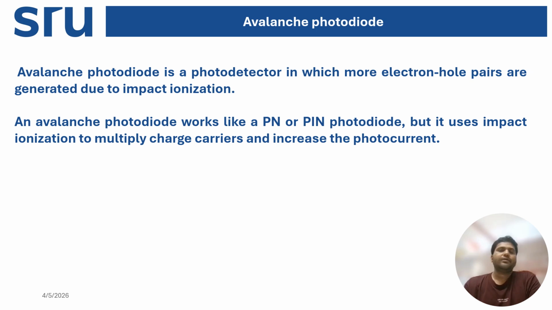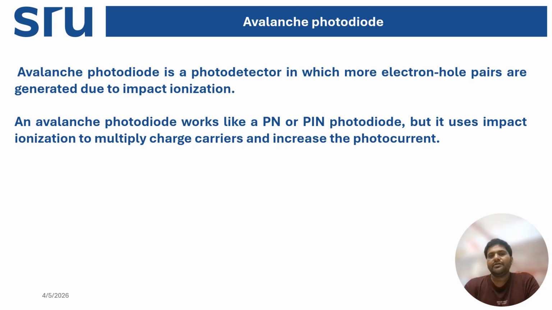The structure of the APD typically consists of a P region, intrinsic region, multiplication region and N region. It operates under a high reverse bias voltage close to breakdown.